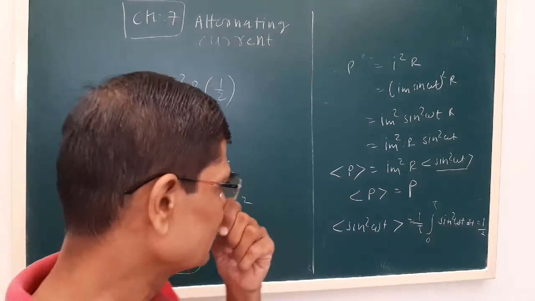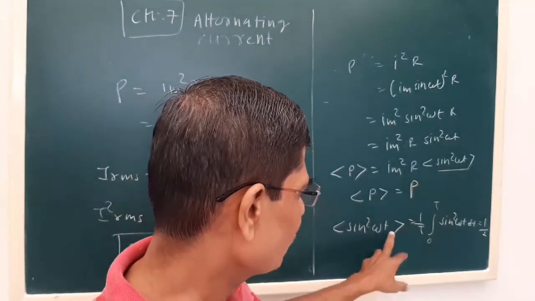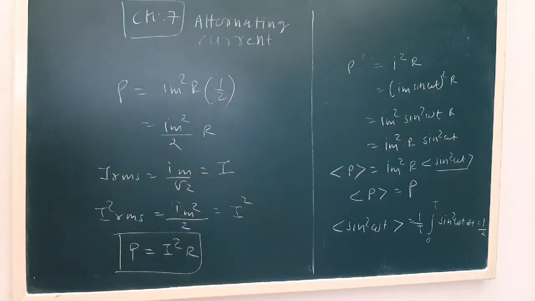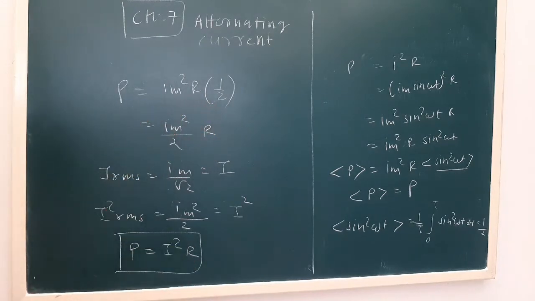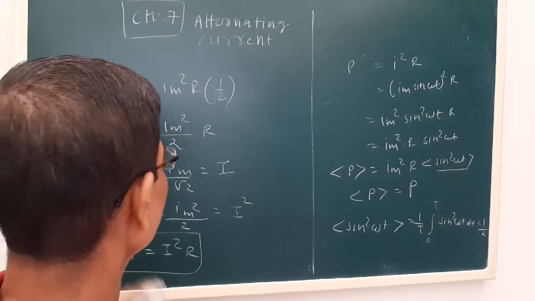Average power we denote as capital P. The average of sin square omega t is 1 by 2, so power is Im square R by 2. This we have written in the form of IRMS, so power is I square R. So this is the equation of current and power in an AC circuit with only a resistor.